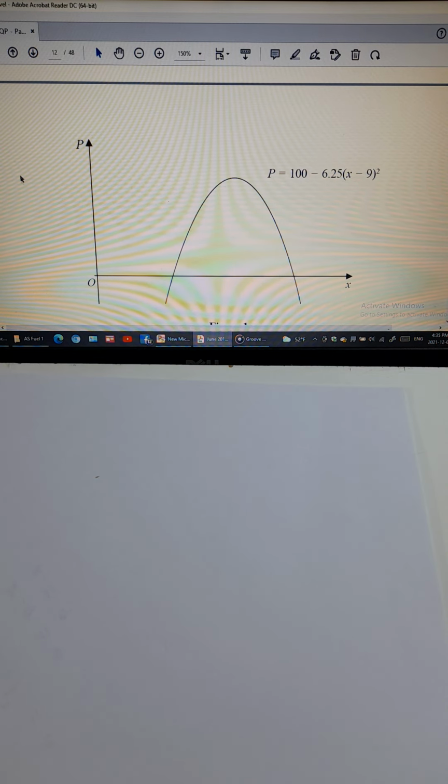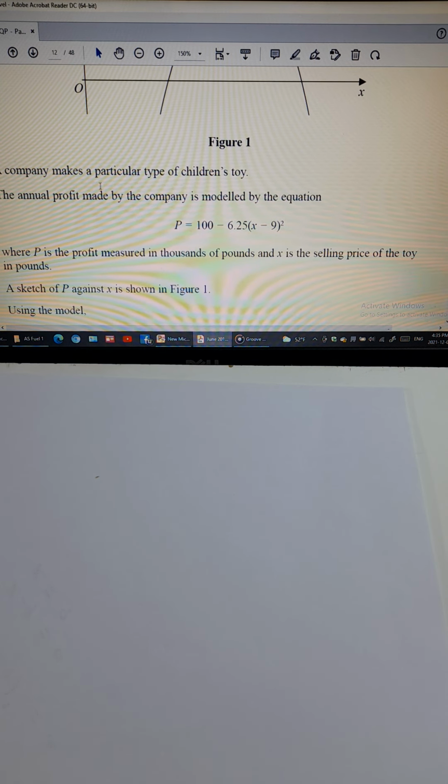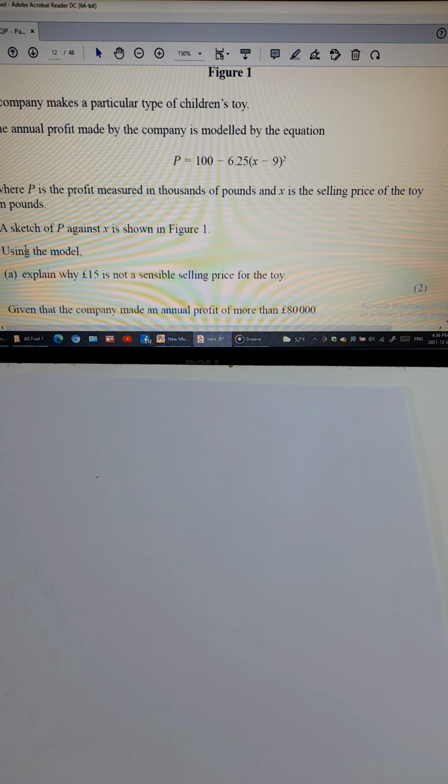Question 6. A company makes a particular type of children's toy. The annual profit made by the company is modeled by the equation P equals 100 minus 6.25 times x minus 9 squared, where P is the profit measured in thousands of pounds, and x is the selling price of the toy in pounds.